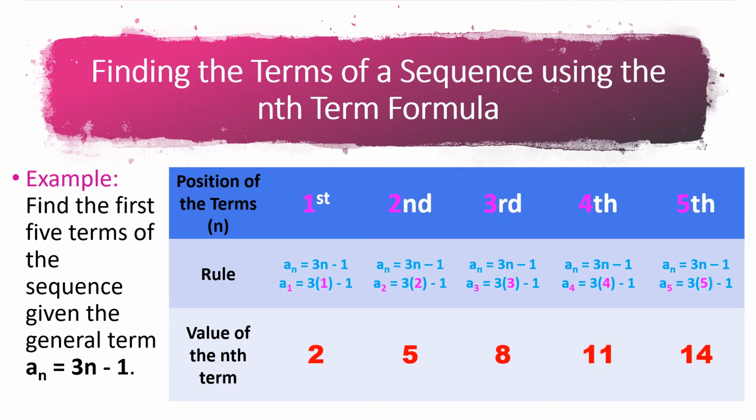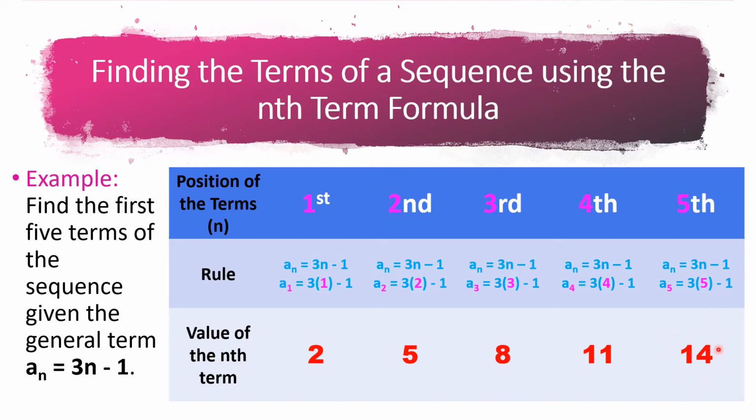Let's go to the fifth term. For the fifth term, again, copy the nth term formula. A sub n is equal to 3n minus 1, and then substitute 5 in place of n. So we will have a sub 5 is equal to 3 times 5 minus 1. So multiply 3 and 5, we will get 15 minus 1, that is equal to 14.